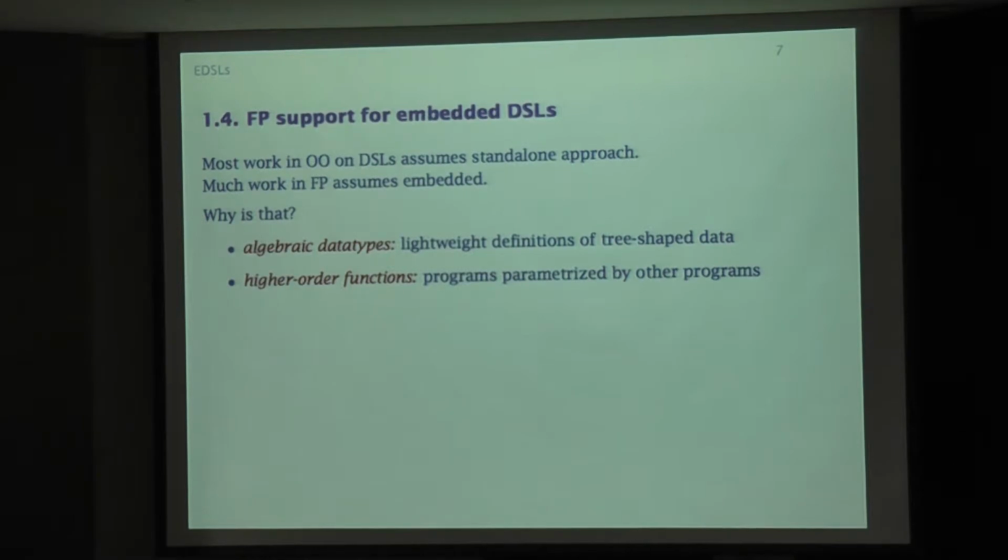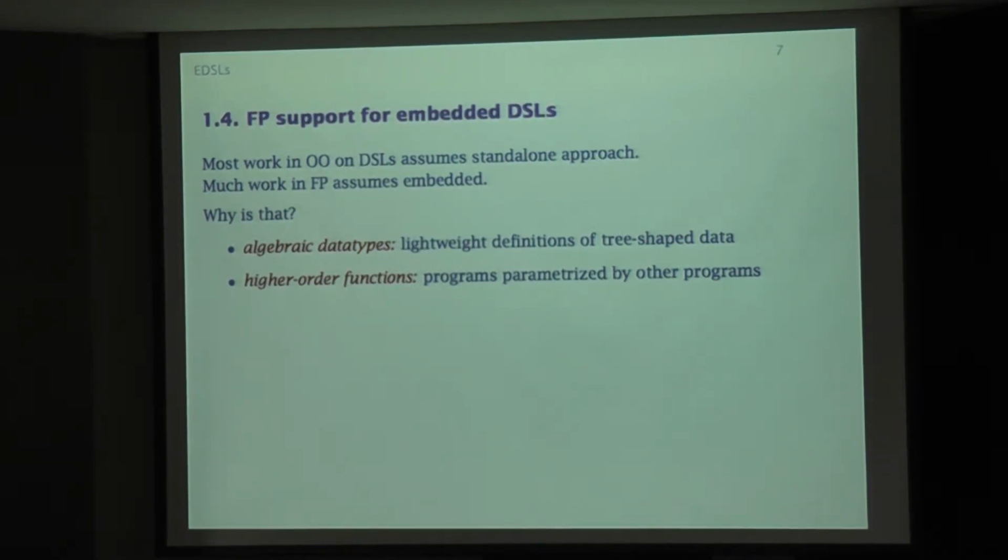Whereas if you read functional programming authors, or you go to a functional programming conference, and you get something about domain-specific languages, 9 times out of 10, they're not talking about standalone domain-specific languages, they're talking about embedded domain-specific languages. So it seems that different kinds of people like different approaches to DSLs. OO programmers like the standalone approach, functional programmers like the embedded approach. Why is that?